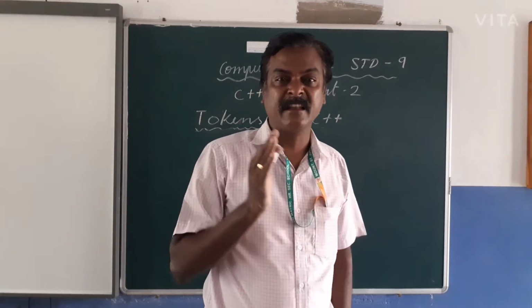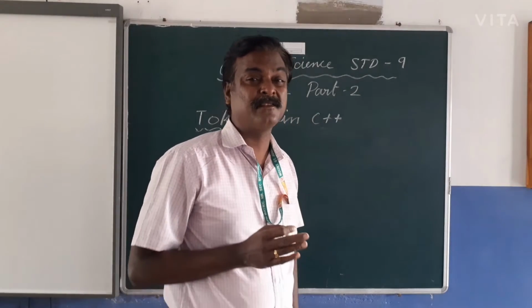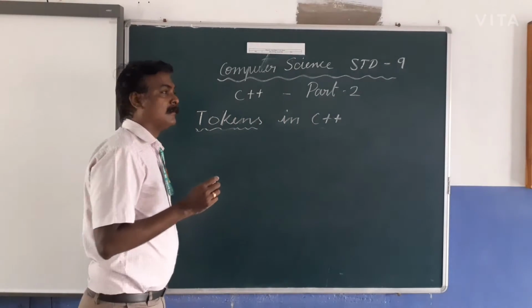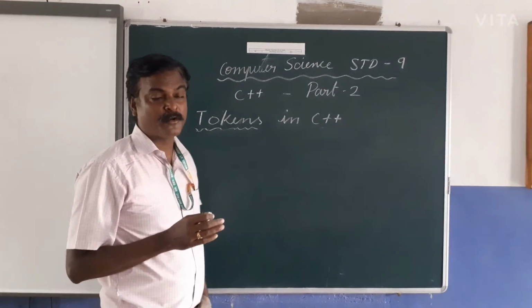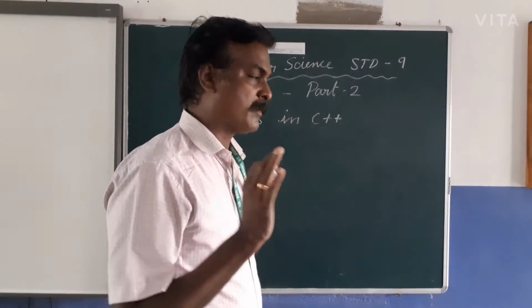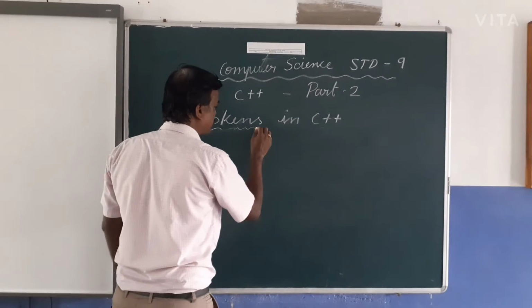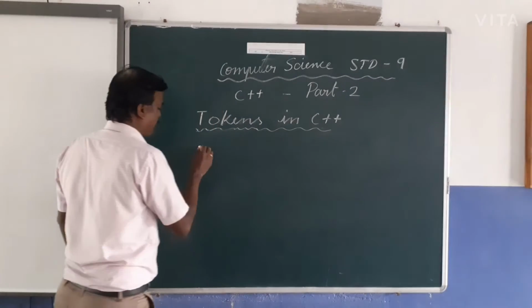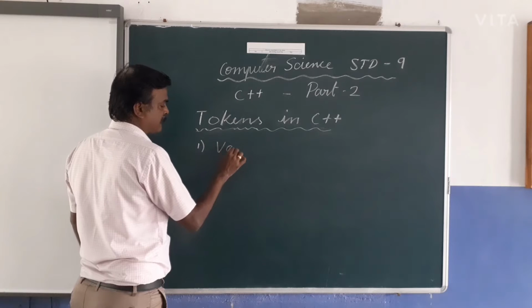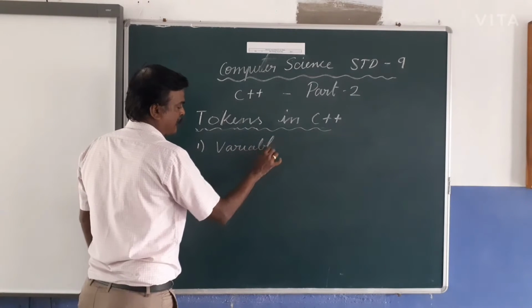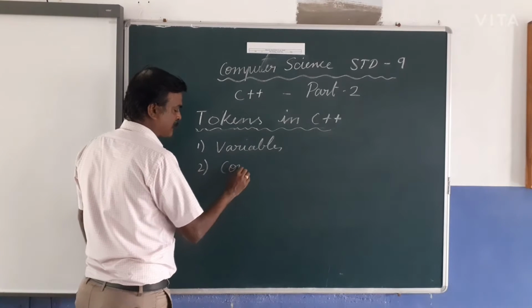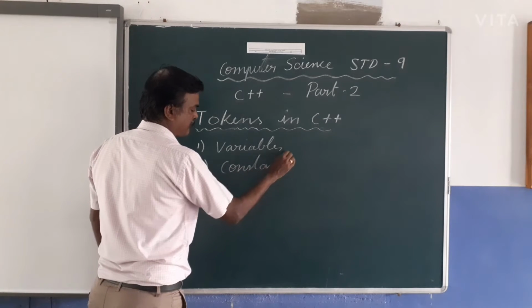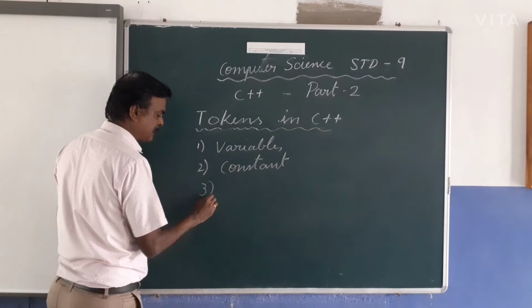The characters that are used by the compiler for a program are called tokens. What do we call them as tokens? First one is variables. Second one is constants. Third one is keywords.